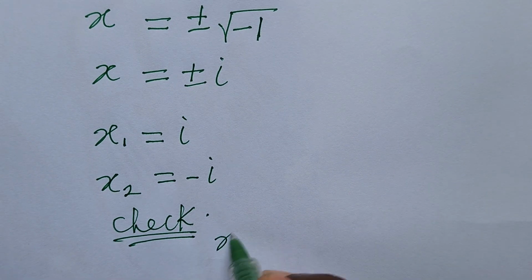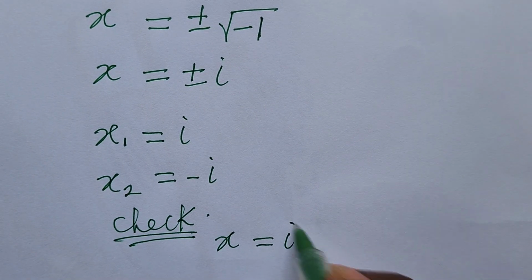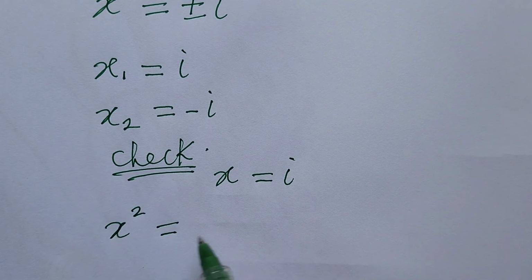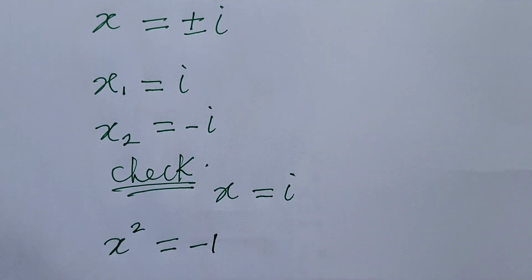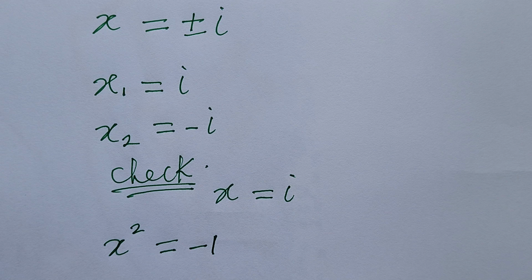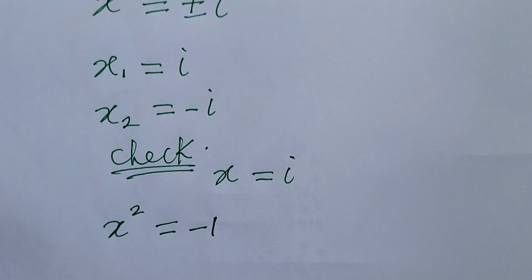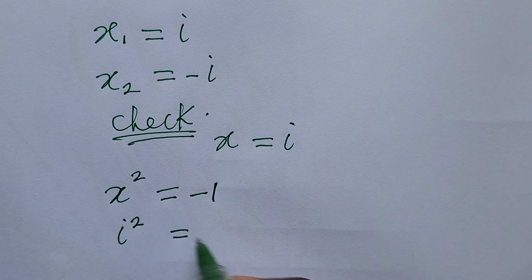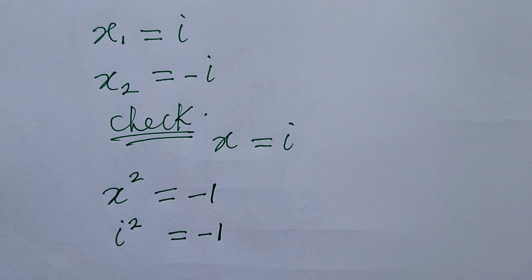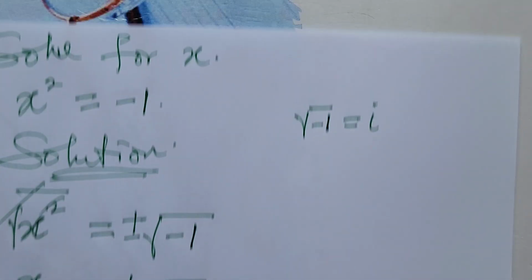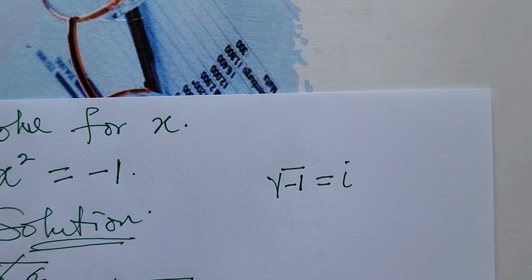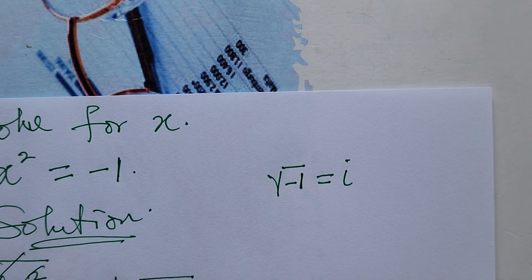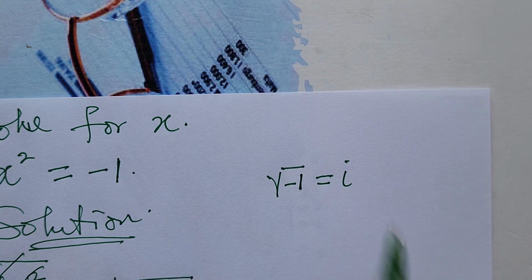So the first one, when x is equal to i, we're going to have x to the power of 2 is equal to minus 1. So let's try to get the value, which is i. So we're going to have i to the power of 2 is equal to minus 1. So what is i to the power of 2? Let's go back to our expression here. If we want to make minus 1 the subject of the formula, we're going to take the square of both sides of this equation.